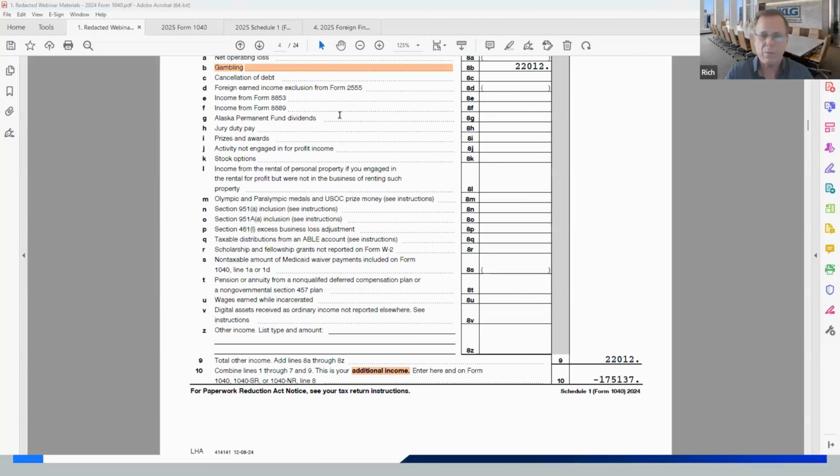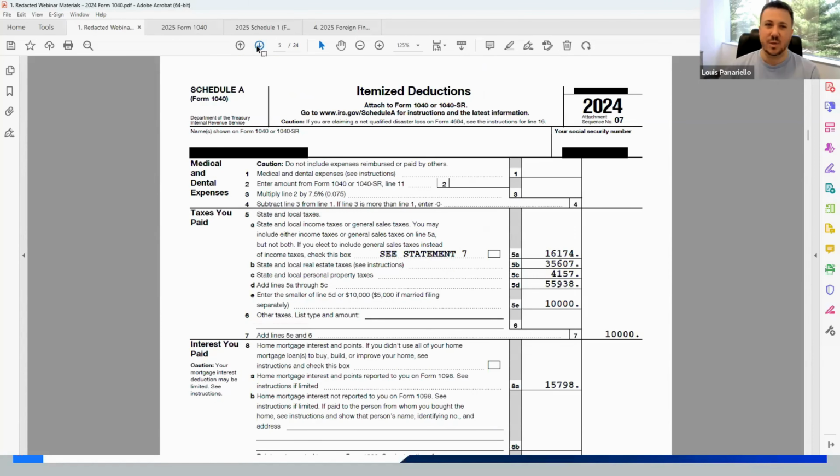And I believe, Lou, you're up. All right. So let's talk about Schedule A. When a couple is getting divorced, a common question is, during the pendency of the case, who is taking the itemized deductions?